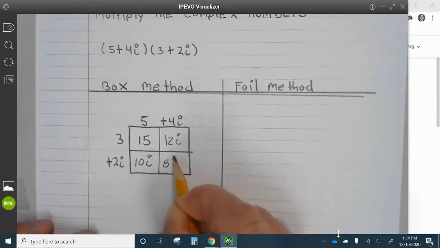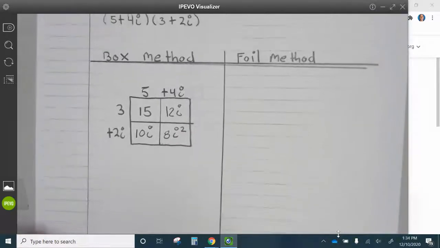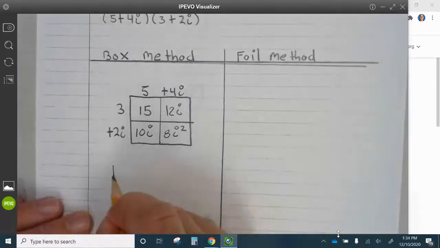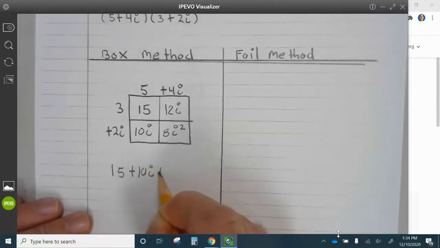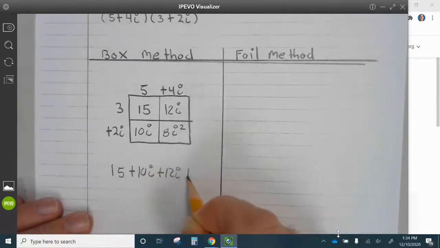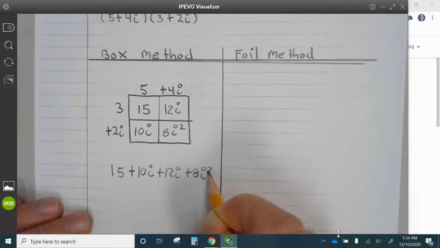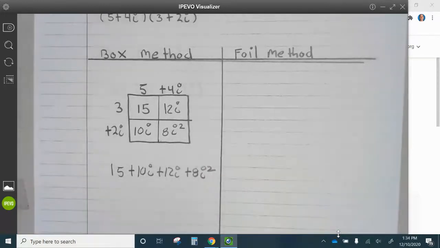I times I is I squared. So now we have 15 plus 10i plus 12i plus 8i squared. Okay.